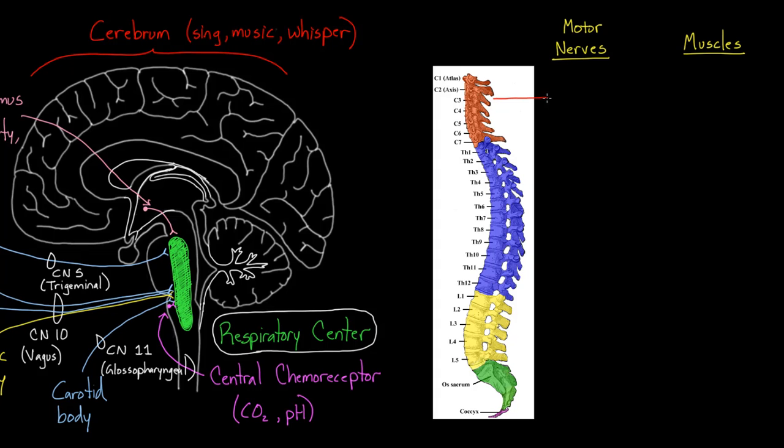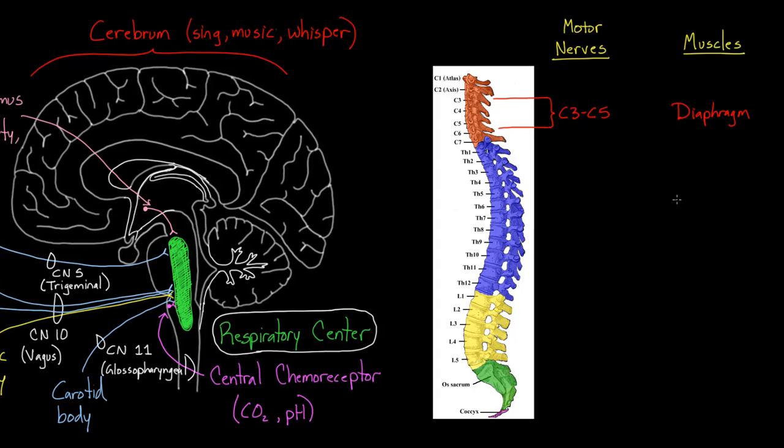There are some nerves that are coming out of these three levels, C3, 4, and 5. And so these levels, C3, 4, and 5, are going to be responsible for a very important muscle called the diaphragm. And this is the large muscle that lies below the lungs. So this is one muscle in charge of our breathing.